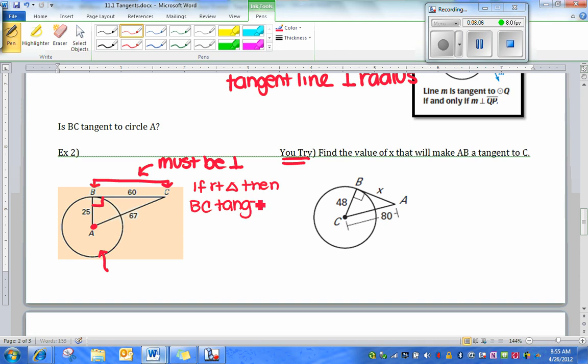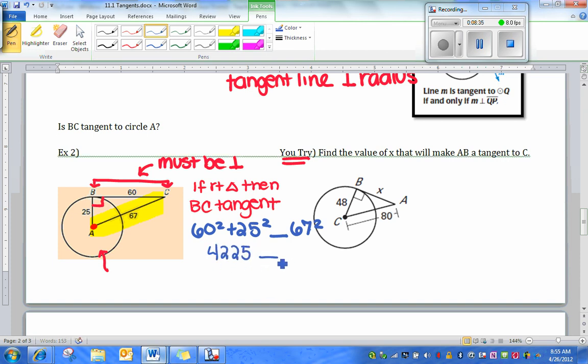So I'm going to use the converse of the Pythagorean theorem, where 67 is my c squared and 25 and 60 are my lengths. So I've got here 60 squared plus 25 squared, and I want to know if that's equal to 67 squared. When you add these two up, you get 4,225.